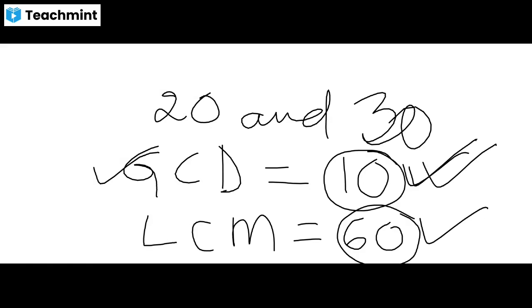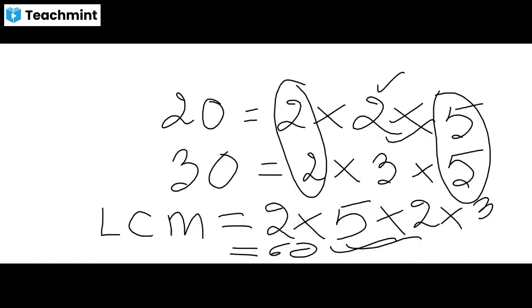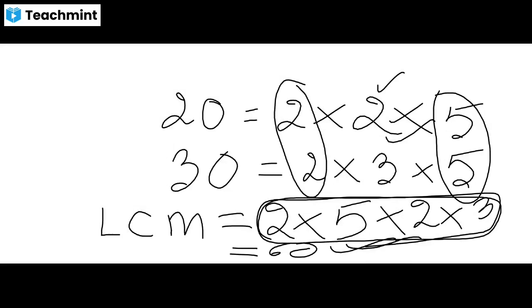But you know, in the numerical examples, the multiplication part is easy, multiplying 2 into 5 into 2 into 3. In order to determine your LCM or GCD, multiplying these numbers is much easier compared to polynomials. So in numericals, you may have multiplied and written the answer.